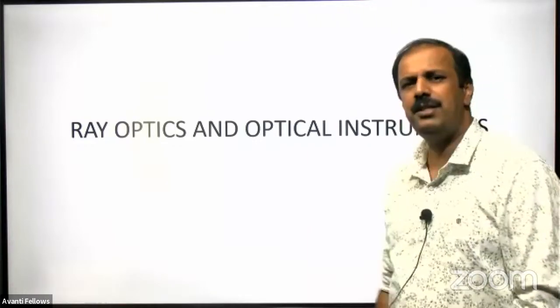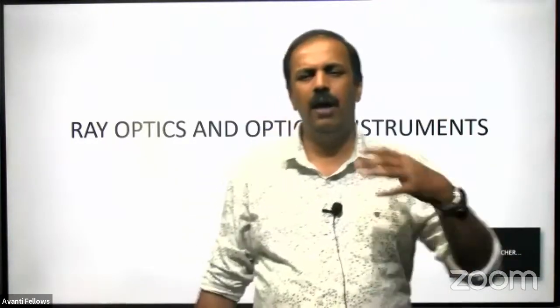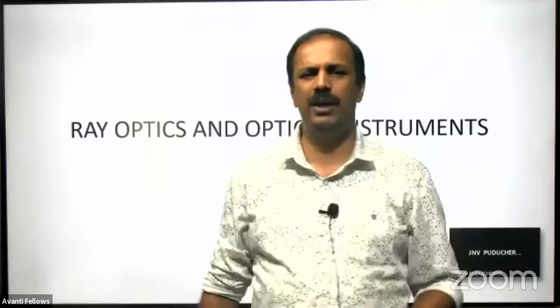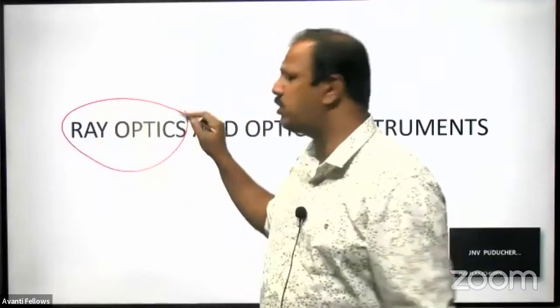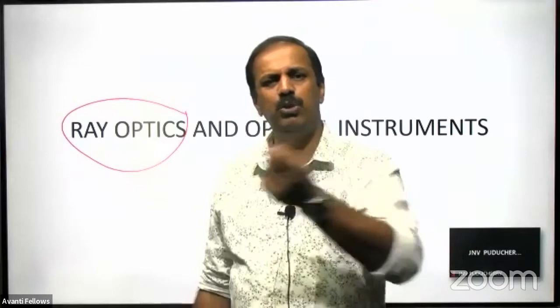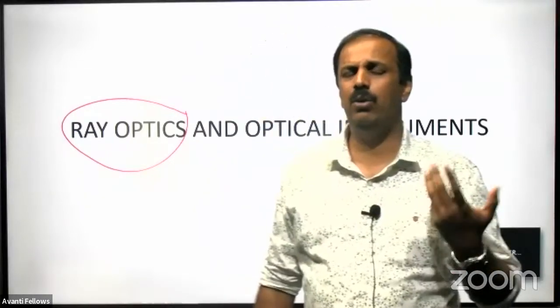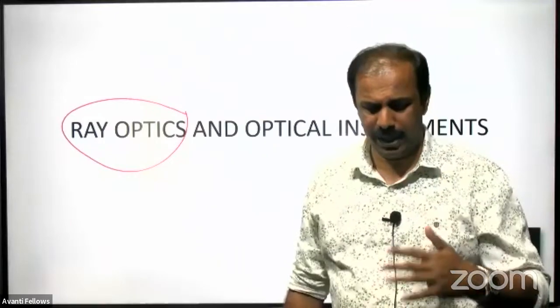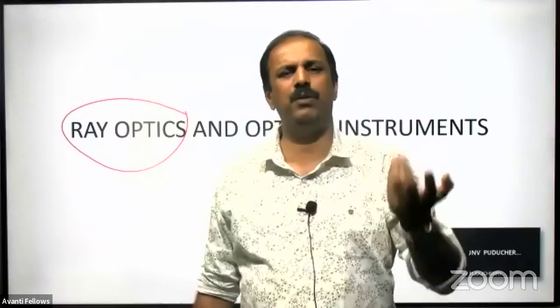So here the first thing is this optics actually, when we study about light, we have so many concepts about light. So here this ray optics is also called geometrical optics, where we will consider the light as moving in a straight line. Because we can explain many things, how light reflects, how light is undergoing refraction, and how a lens works, how a mirror works.